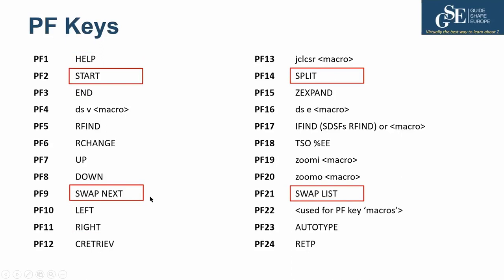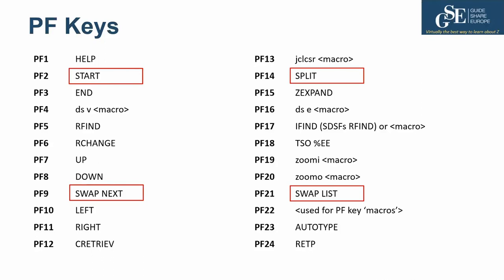ISPF now supports up to 32 split screens. By default, out of the box, it's 8, but it can be configured up to 32. I used to have SPLIT NEW as my F2, but now I use START, which brings up a full screen session. It's not split, I guess, at that point.